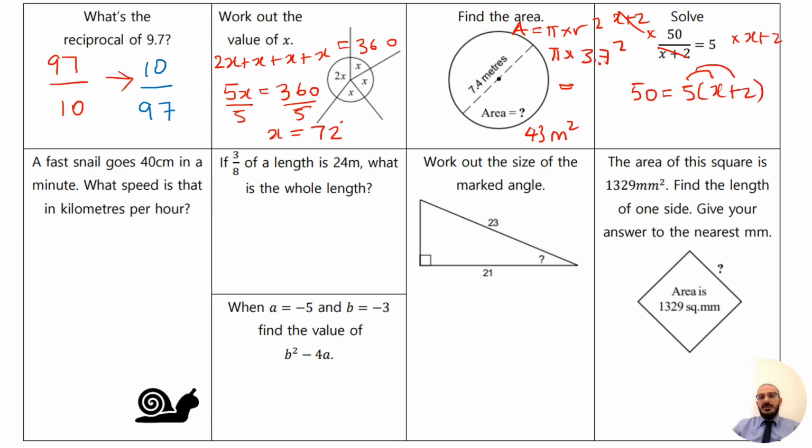So 5 times x plus 2 is going to be 5 times x is 5x, 5 times 2 is 10. It's 50. We take 10 away from both sides. That's going to give us 5x equals 40. We divide both sides by 5, and we find x to be 8.